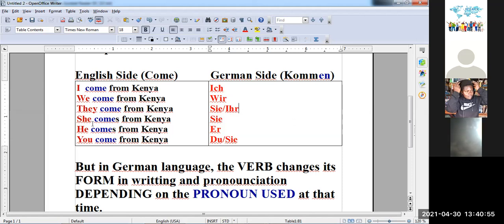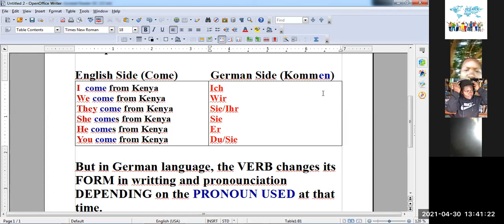She, sie. He, er. You, informal, du. Formal, Sie. Now look at this. My interest is not Kenya, but just the relationship between the red and the blue, okay?